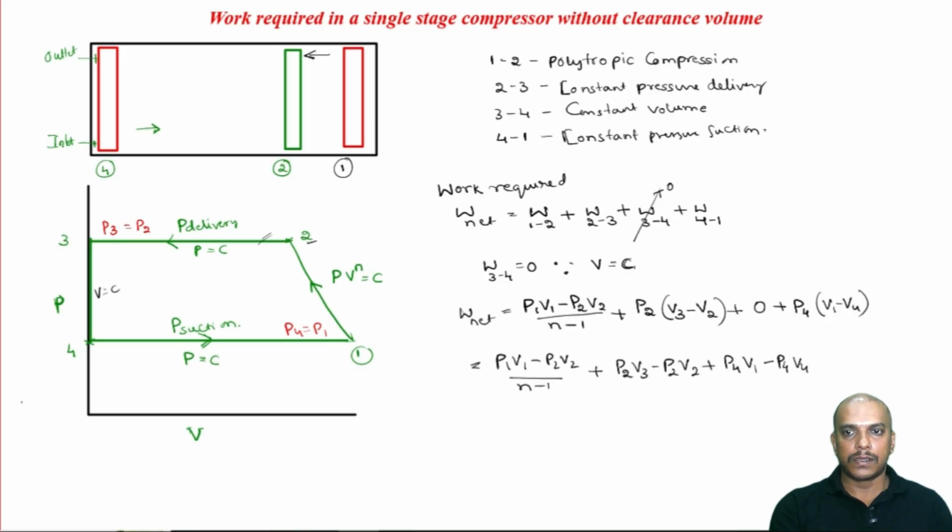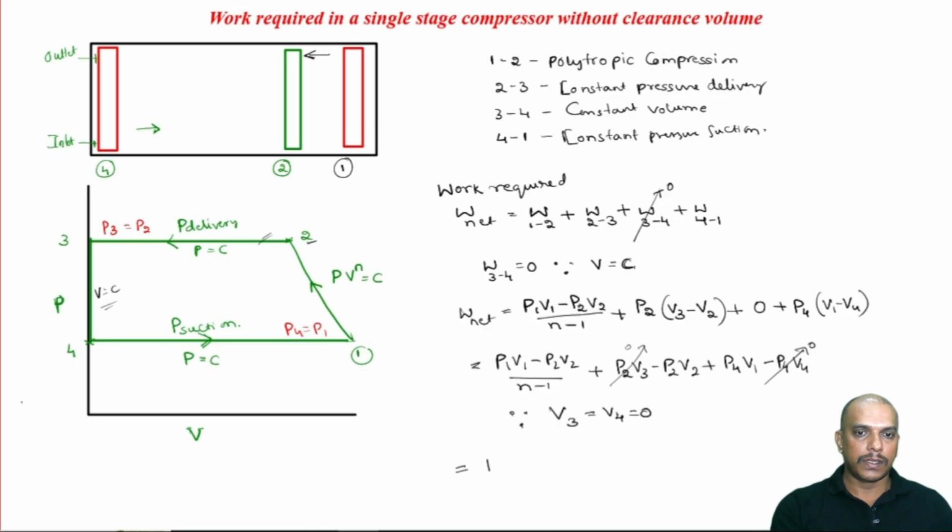And remember, this is volume constant and we know that that is negligible clearance volume. So, therefore, V3 and V4 are equal to 0. Therefore, we can say that this term becomes 0 and this term becomes 0.